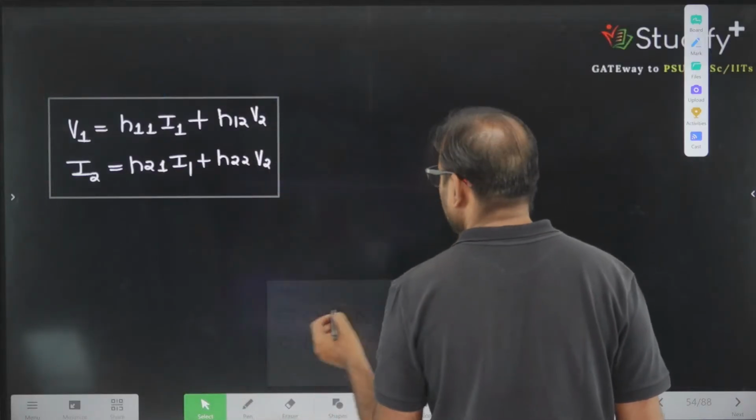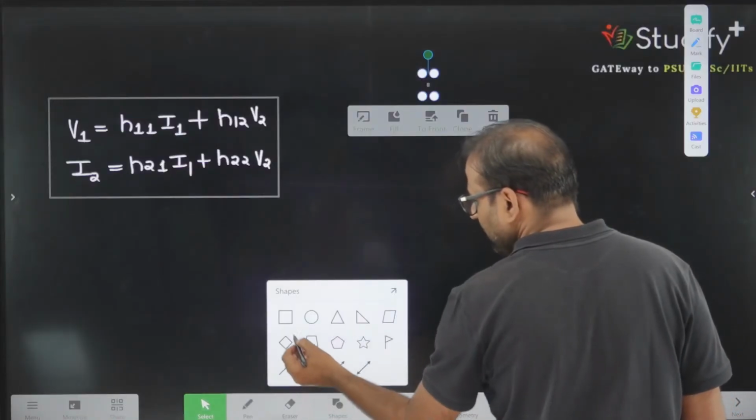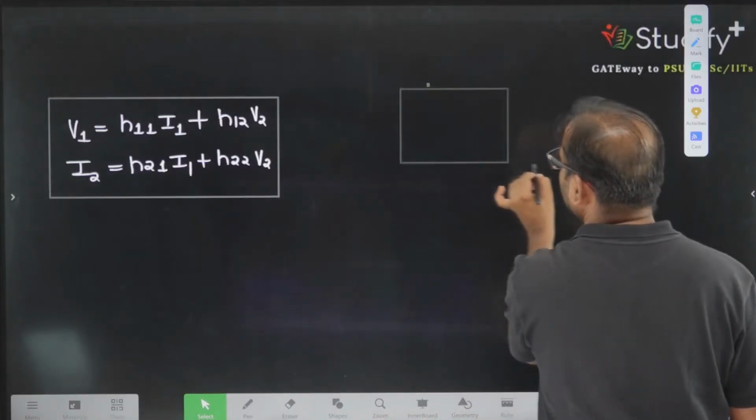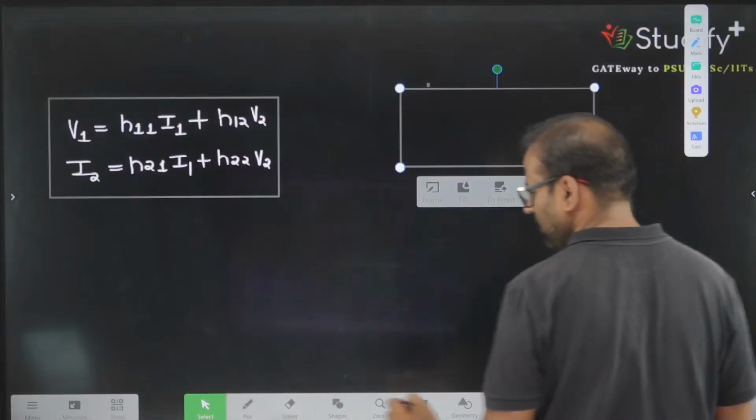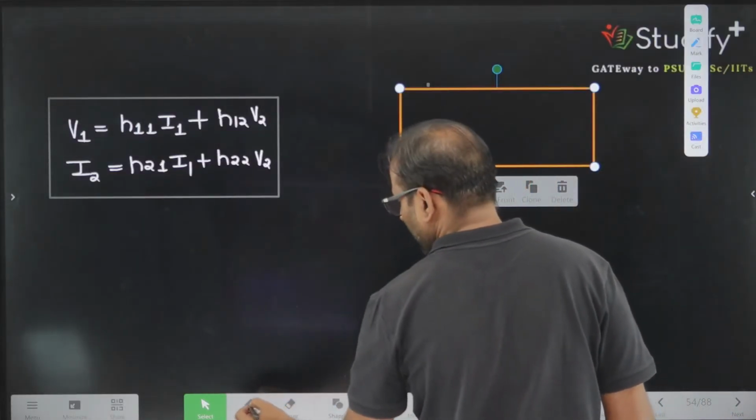And here we have which model? Here we have one more model to analyze the 2-port network, that is the Z parameter model. And what is the Z parameter?